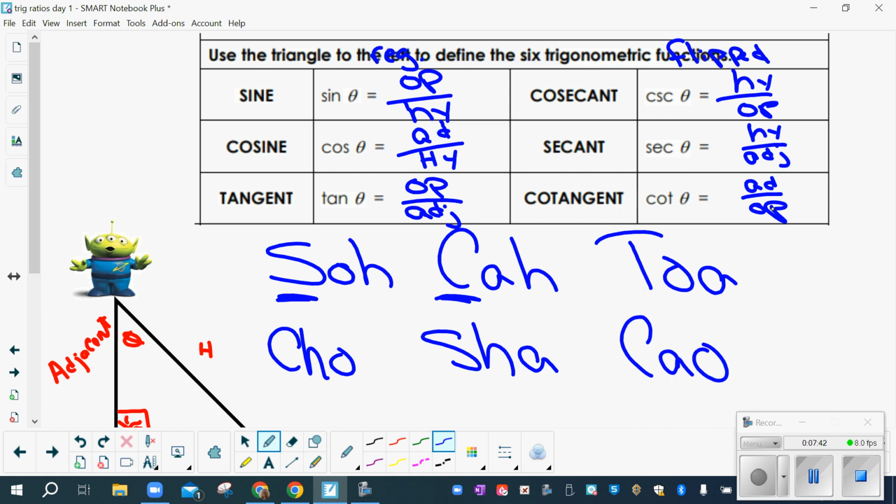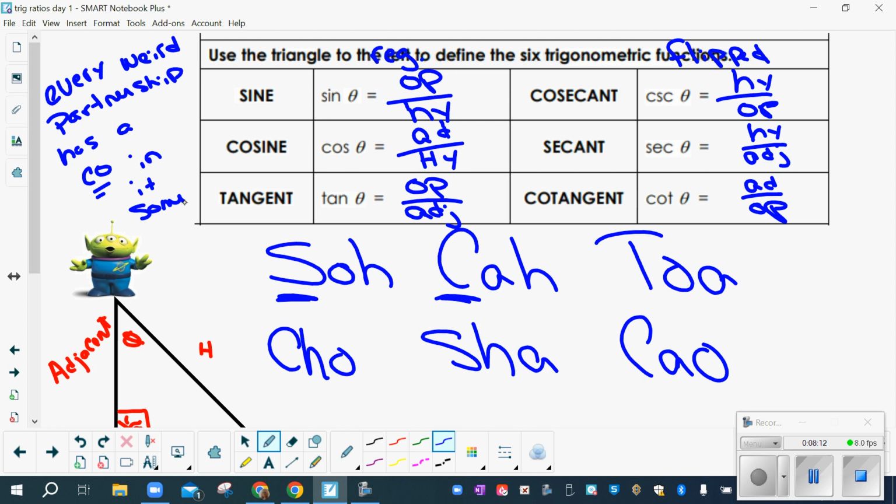And here's what I need you to write down. You ready? Every weird partnership has a co in it somewhere. I'm actually going to write that down for you. Every weird partnership has a co in it somewhere.